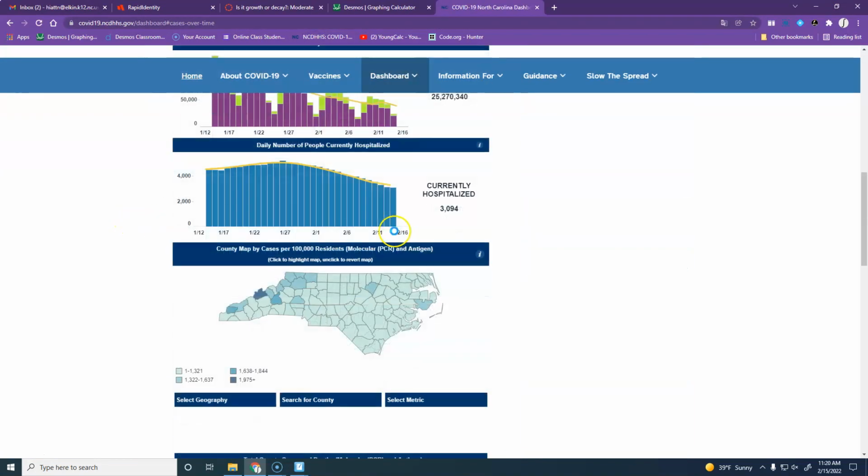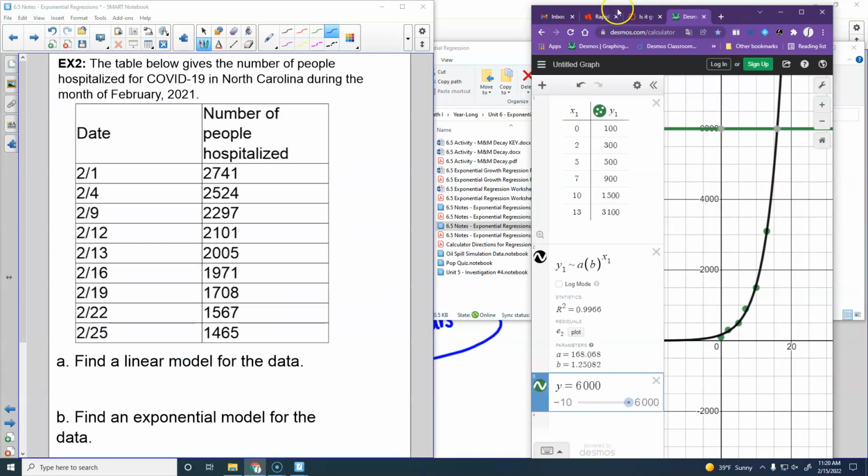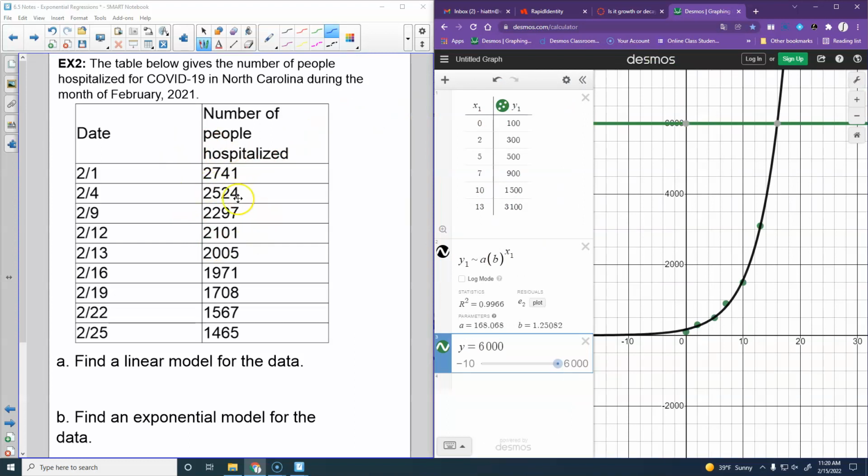So today we're at 3,000 people hospitalized with COVID, 3,094 in the state of North Carolina, in case you were curious, because I always like to look at the numbers. And we were obviously doing this a little later than we were. We went to 25, so we're a little higher than we were this time last year.